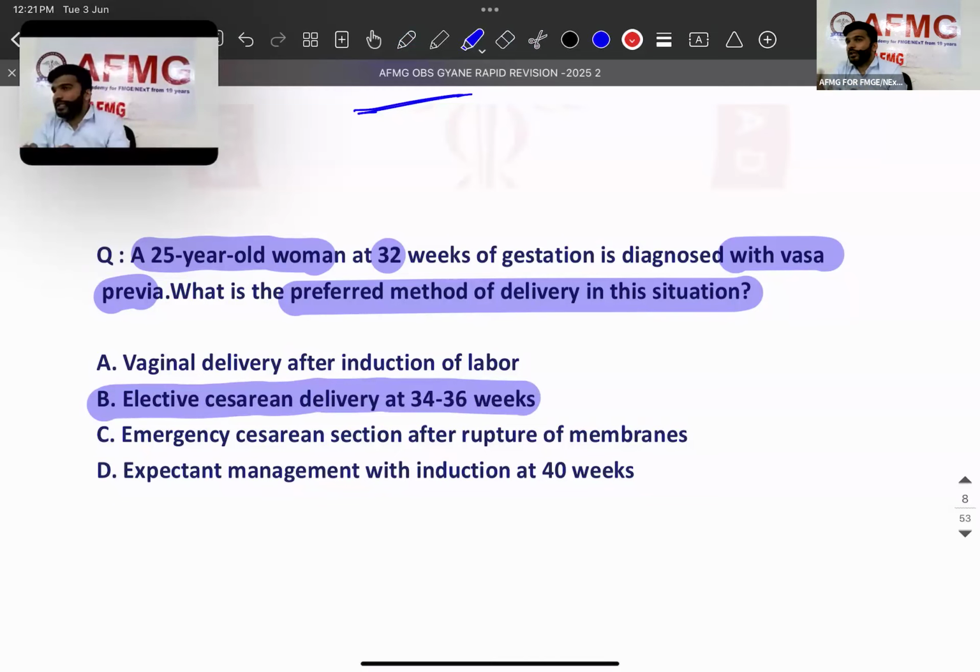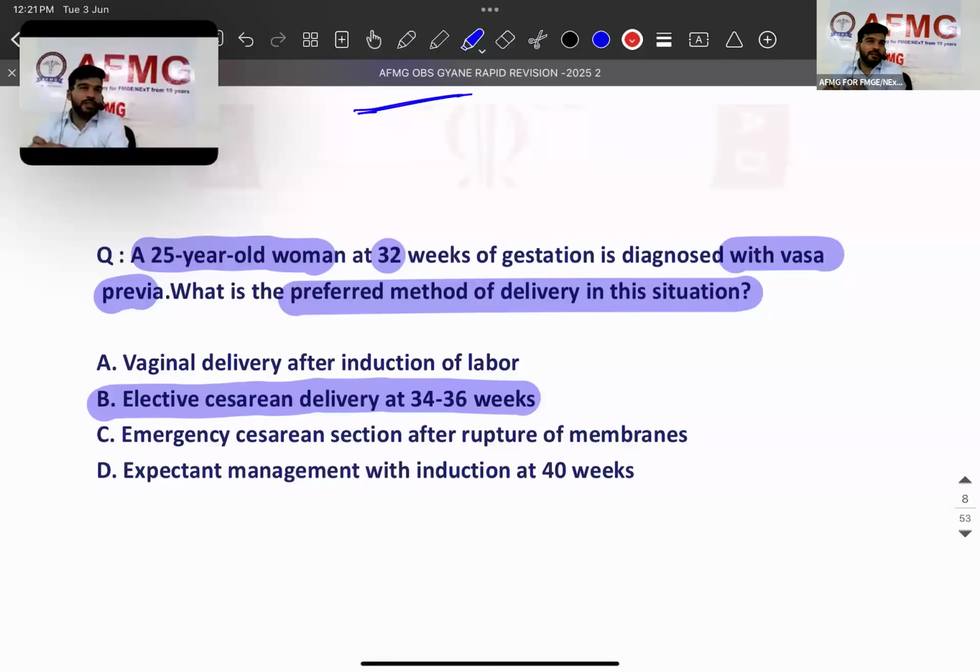Planned. Because I know the only treatment for Vasa previa is cesarean section, I will plan the cesarean section at 34 to 36 weeks. We will not do an emergency one, because no emergency is mentioned in the question. It just says she is diagnosed with Vasa previa. Elective surgery is when you plan the surgery. Are you getting my point?